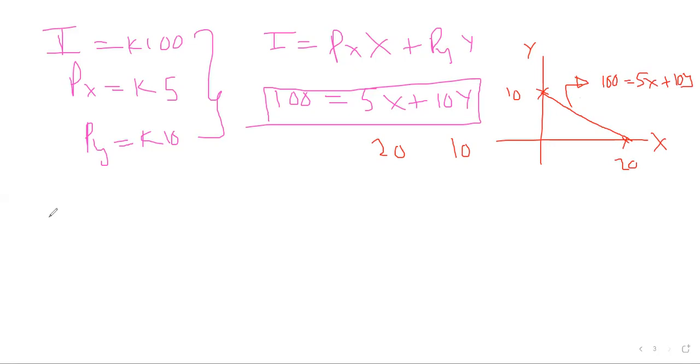So let's try. Suppose your income is 80 kwacha, the price of good X is 10 kwacha, and the price of good Y is 4 kwacha. Who wants to help us with the budget line? How do we come up with it?